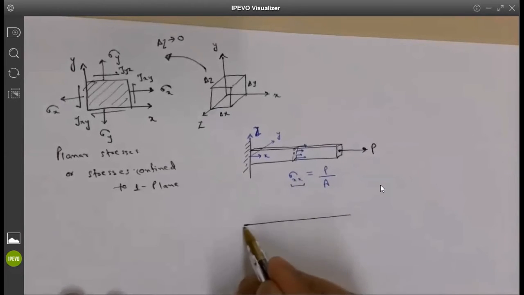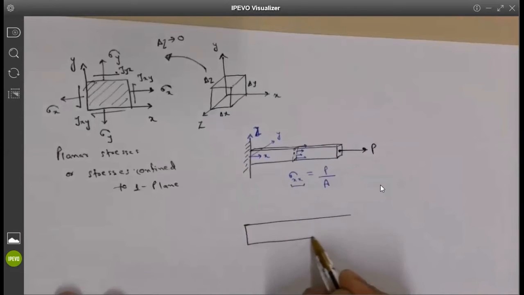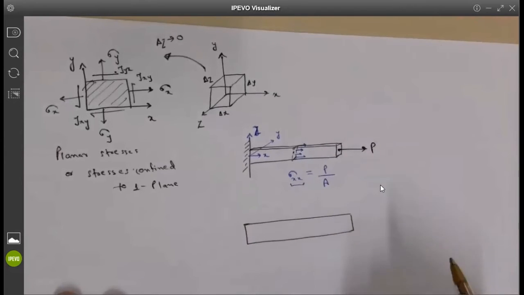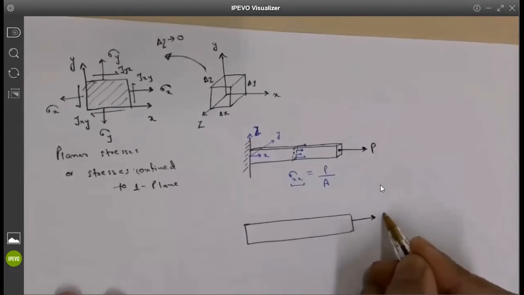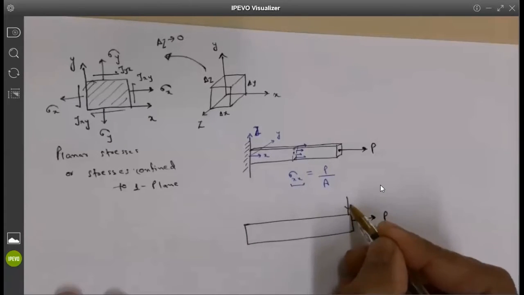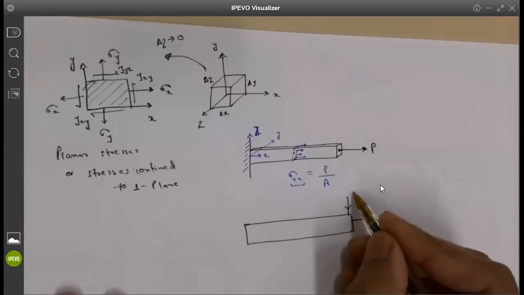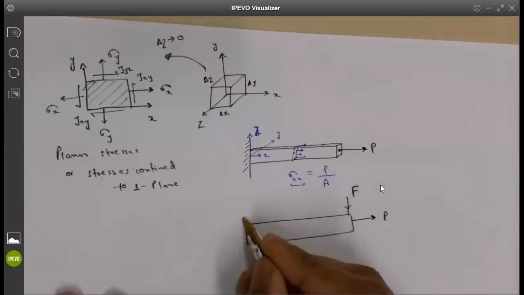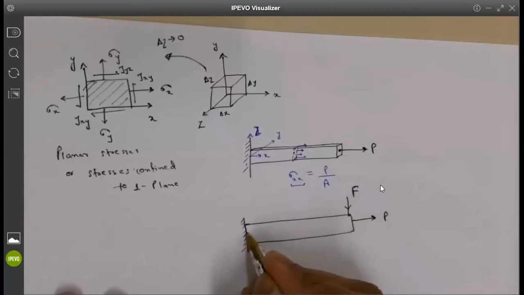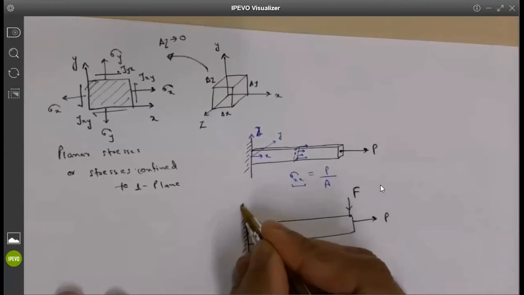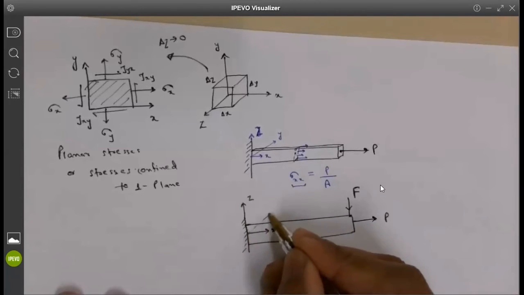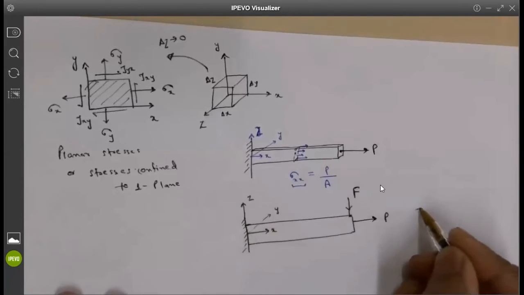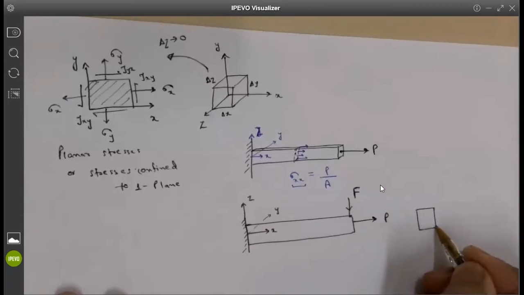For example, I have a scenario where this P is acting, and then I have a load acting from the top, and it is again fixed at this end. If this is your X direction, this is your Z direction, and this is your Y direction, then in the cross section, it is going to be Z and Y.